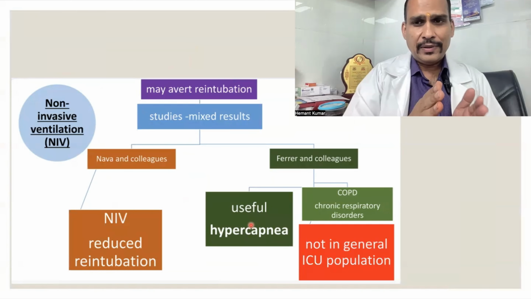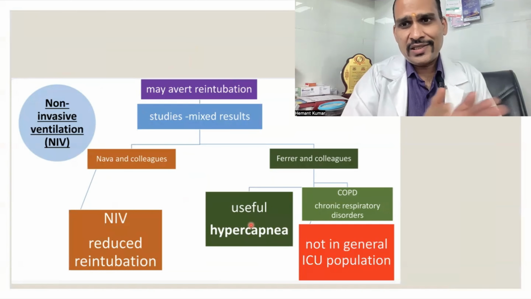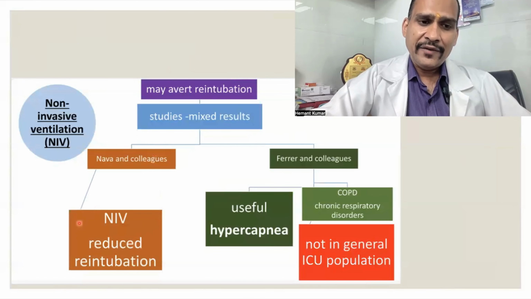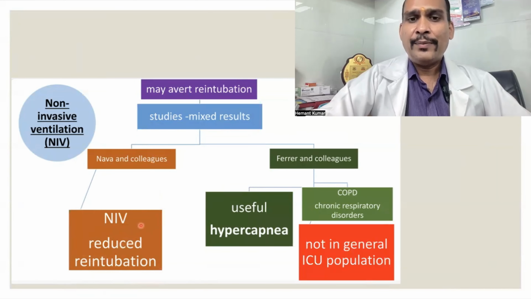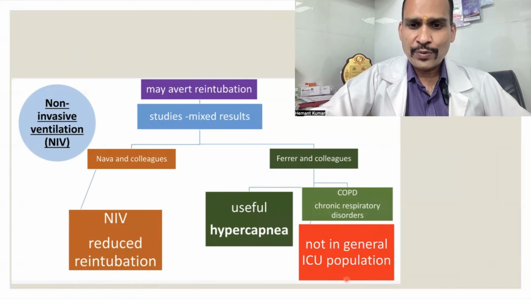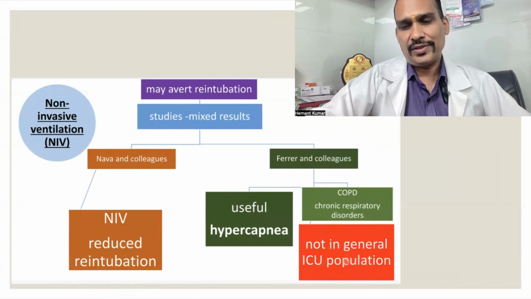So for NIV, mixed results are there. In one study, NIV reduced reintubation, but in another study it did not. NIV can be given in hypercapnic patients, COPD patients, and chronic respiratory patients, but it should not be used in the general population.